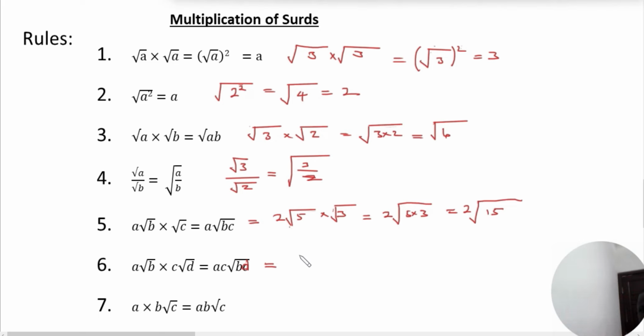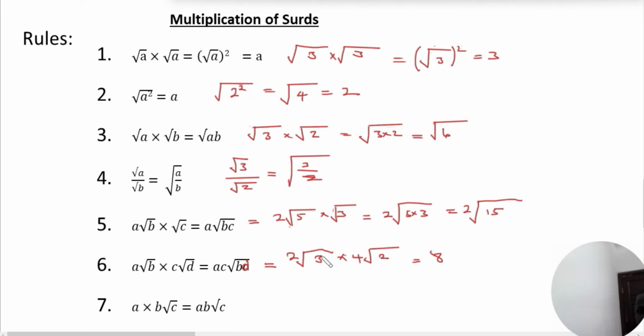Let's say 2 root 3 multiplied by 4 root 2. Here our a is 2, our c is 4. So ac is 2 times 4, which gives you 8.